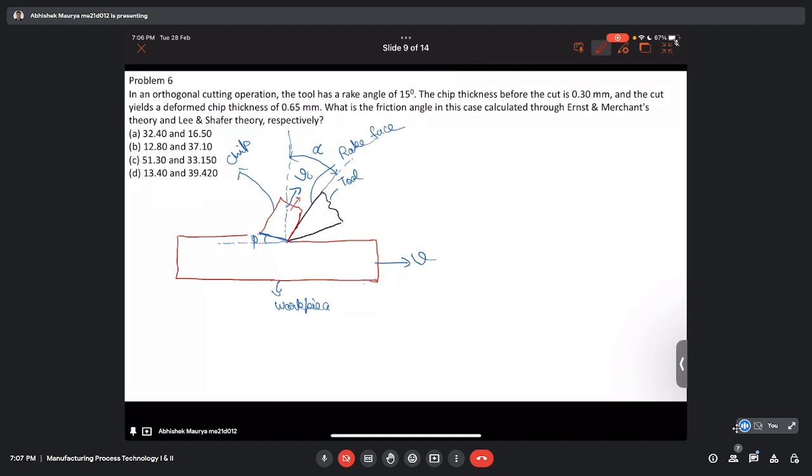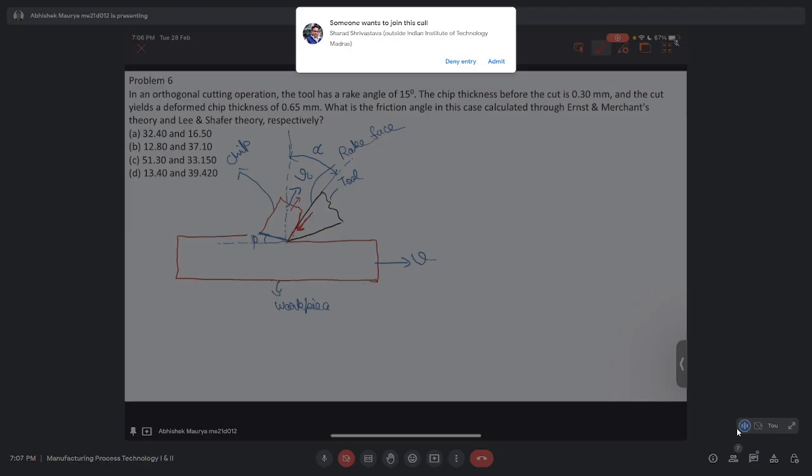So definitely there will be a frictional force opposite to that. So that is the friction force that the chip is applying on the tool, as well as the tool is applying on the chip.